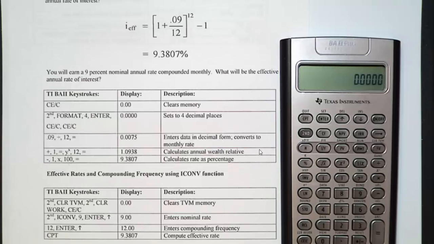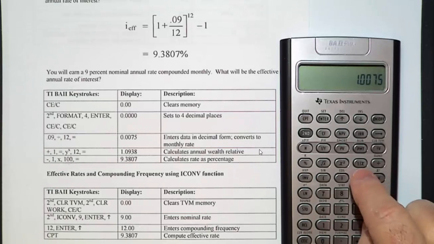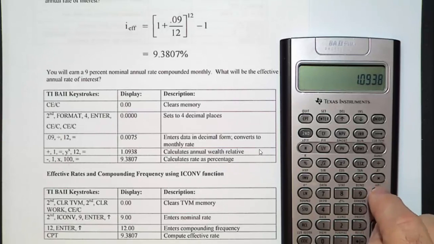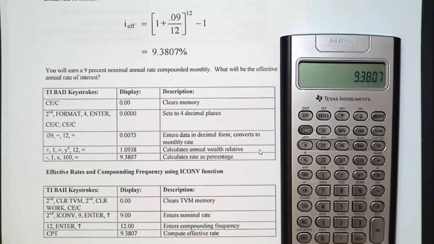So let's clear it and just try it again, and what we would say is 0.09 divided by 12 plus 1 equals y to the x, 12 equals minus 1 times 100 equals. And actually, I think I put an extra equal sign in there that I didn't really need to use. But you see how quickly you can come up with that answer.